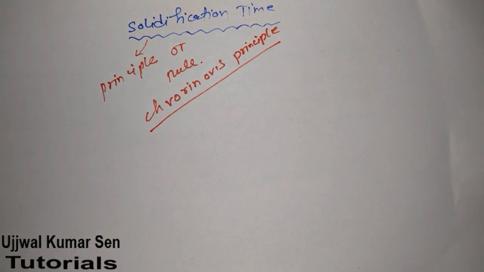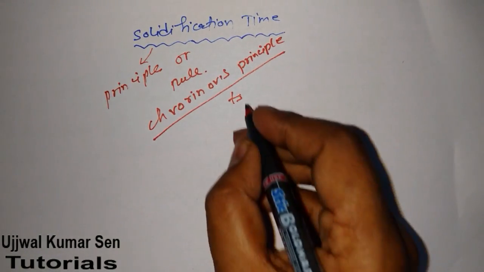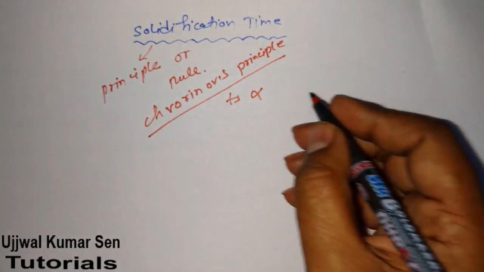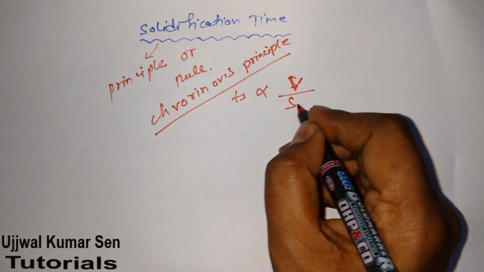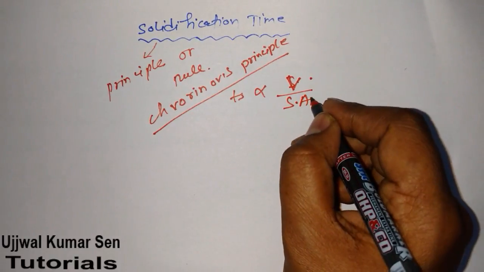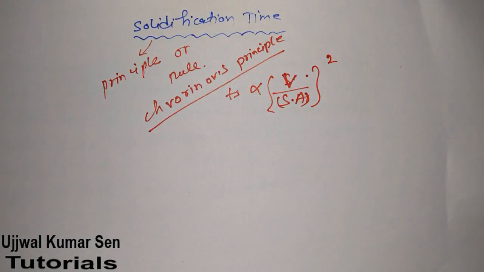Okay, I hope you got it right now. So according to this principle, what this principle basically states, I have to share with you. This principle states that solidification time is directly proportional to the volume of the casting divided by surface area, its whole square.